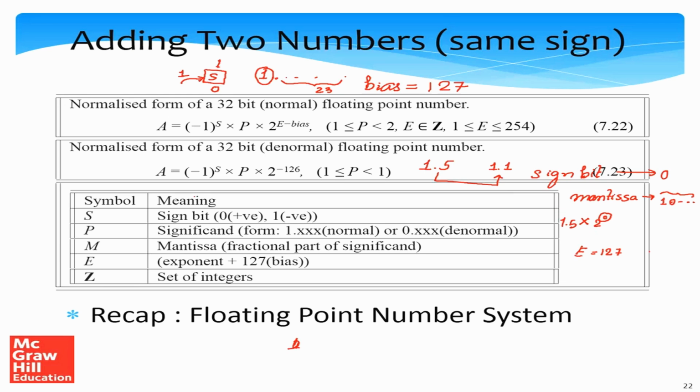So in 32 bits, the way that we would store is that we'll have 1 bit for the sign, 23 bits for the mantissa, then 8 bits to store the exponent, and the exponent is stored in the bias notation. The real exponent is actually e minus the bias.